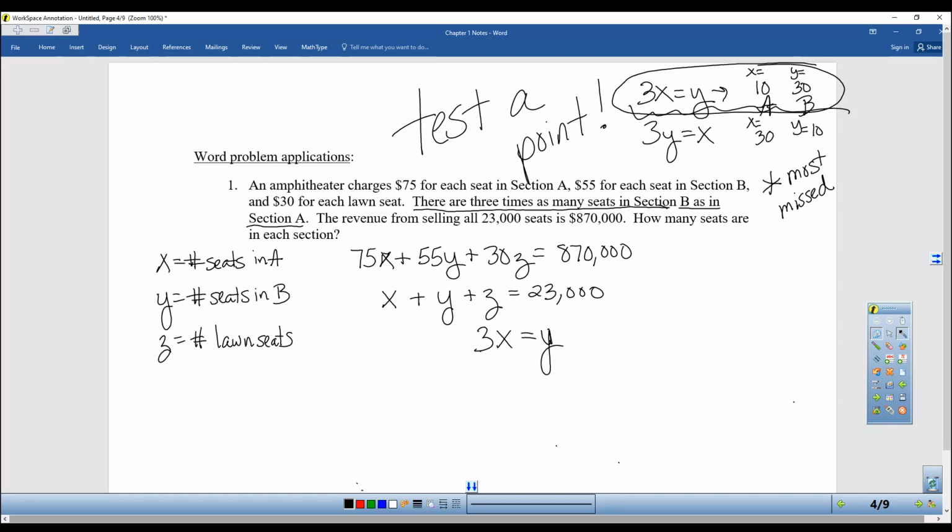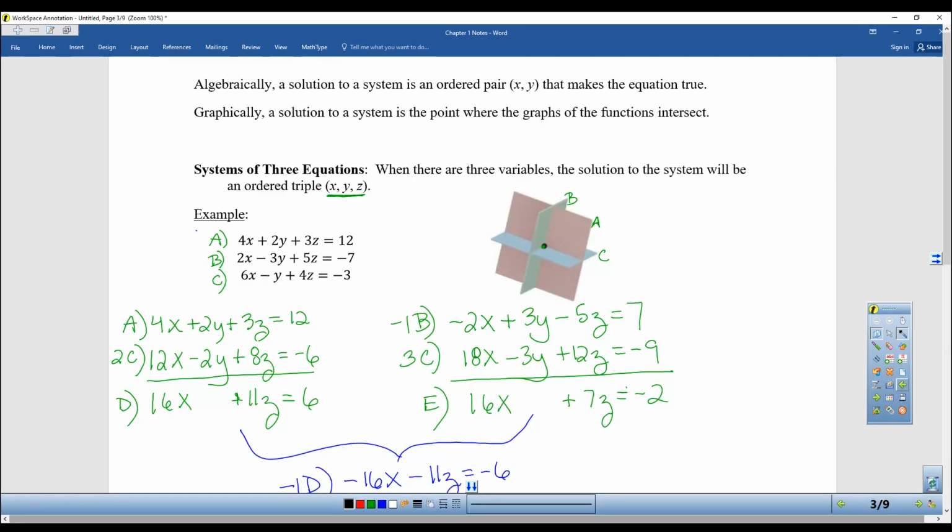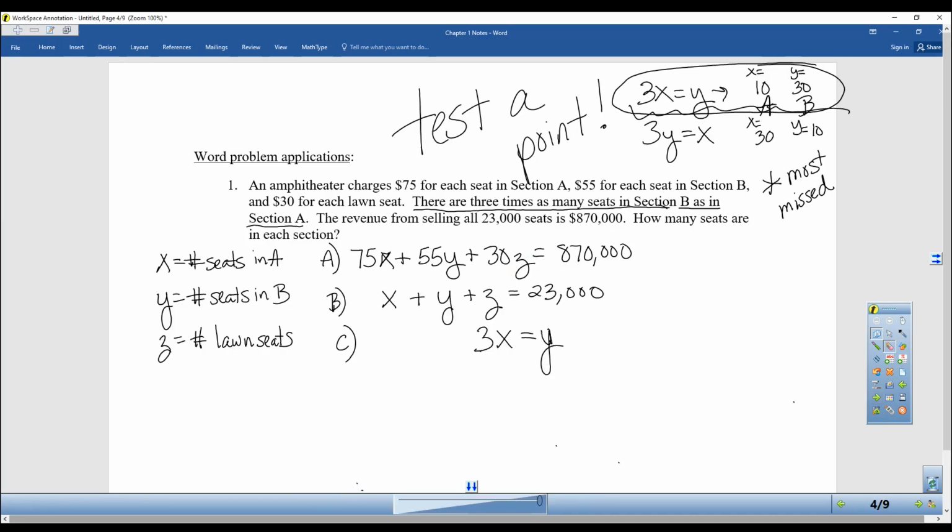So you can still call them equations A, B, and C if you want to, but it's not quite as important in here when you're going to use substitution. That method is really best for when you're trying to show me what you're doing to each equation. In this case, substitution is probably the better method. So let's write that down. Use substitution.